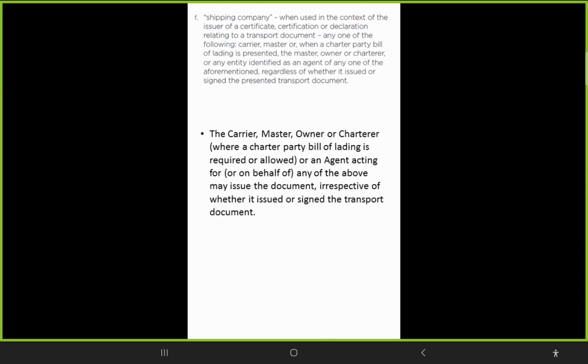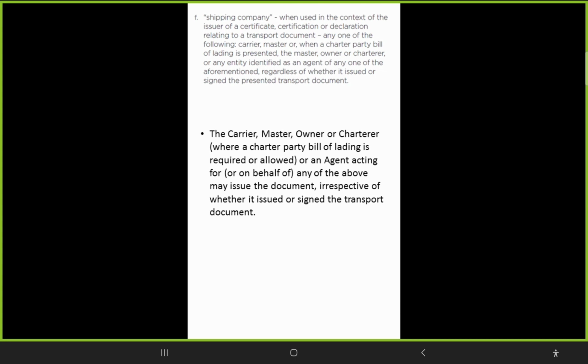So, for example, if they're asking for a certificate from a shipping company identifying the vessel's usage, who can issue it? If you also have a bill of lading as part of the presentation, then whoever has signed that bill of lading, carrier or master, or, if that is a charter party bill of lading, master, owner, or charterer, can issue this document, and also the agent who is signing on behalf of the master or carrier can issue it.